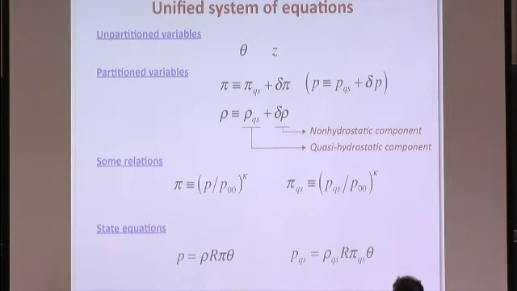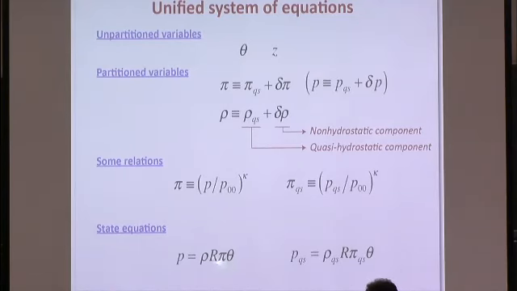That I didn't include. And the definition is, this is the quasi-hydrostatic component, and this is the non-hydrostatic component. So we have pi. Pi is the Exner function, and this is the pressure. They are related to each other with these equations.